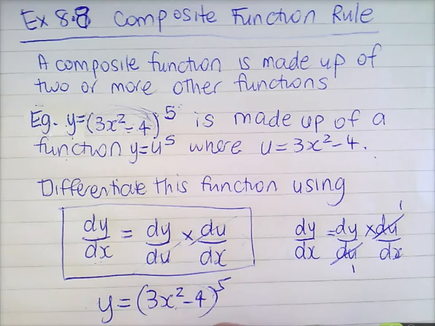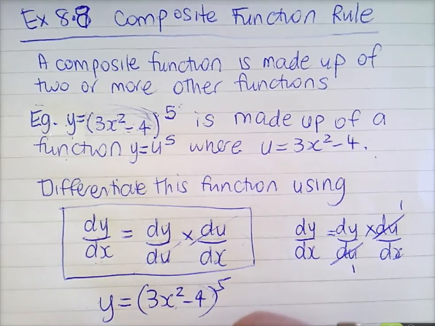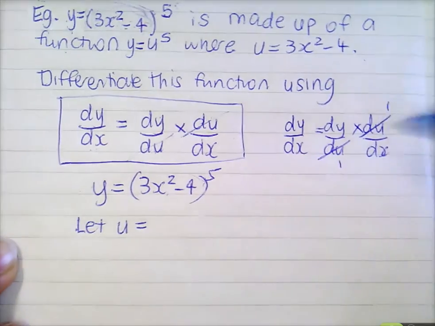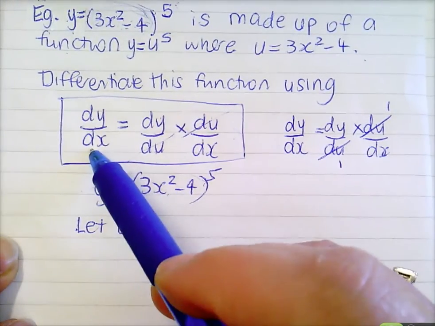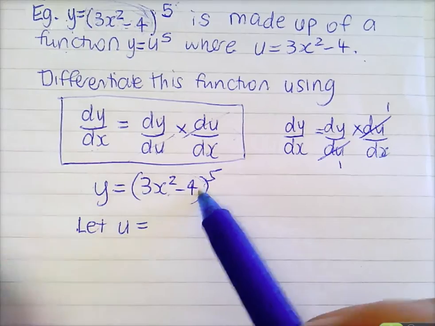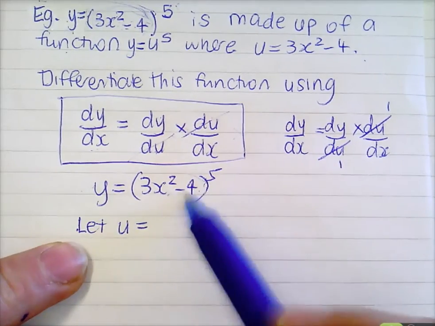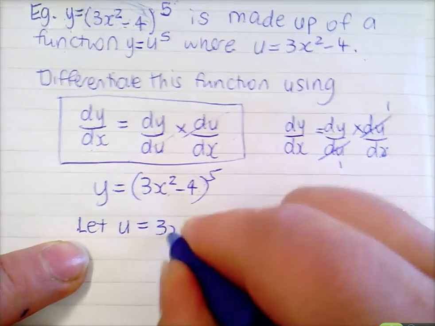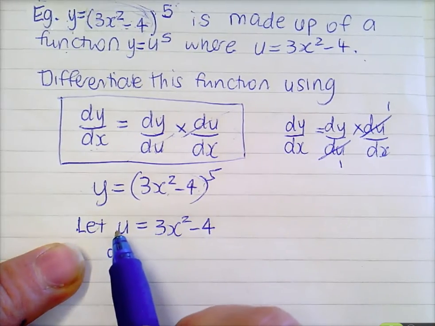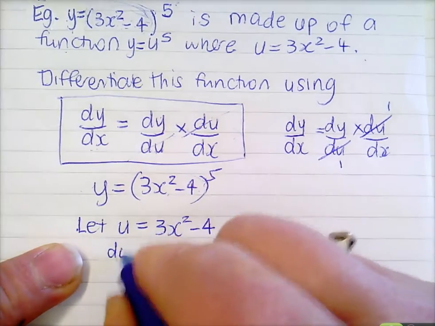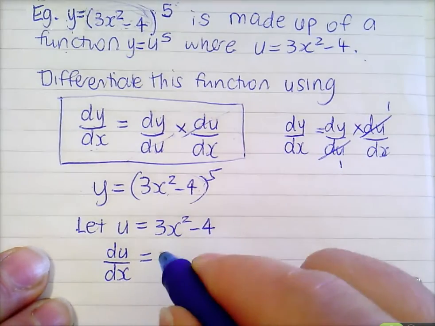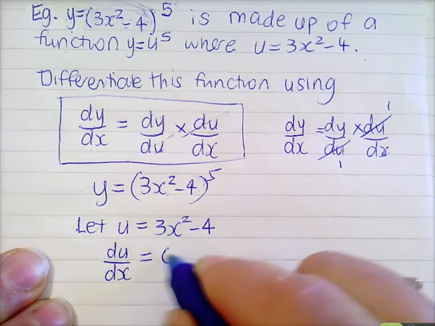So this is my question. This is what I do. Let u, okay, do you have all that top bit? We're going to use this rule. dy/dx is what we want to find because we have y as a function of x. So we let u equal this extra bit in here. So u is 3x squared minus 4. And it would make sense to do what? du/dx now. du/dx is what? 3 times 2x, which is 6x.